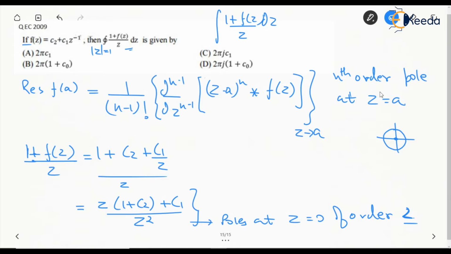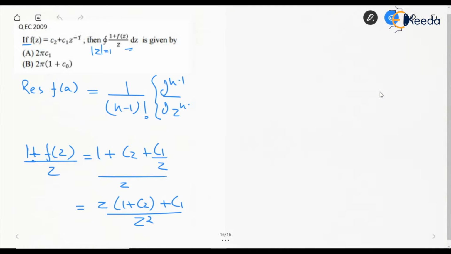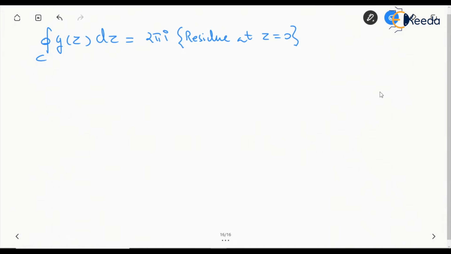So if we have to calculate this integral of g of z over c, it will be 2 pi i times the residue, and since there is only one residue, at z equal to 0 in this case. Obviously it is a repeated pole at z equal to 0.